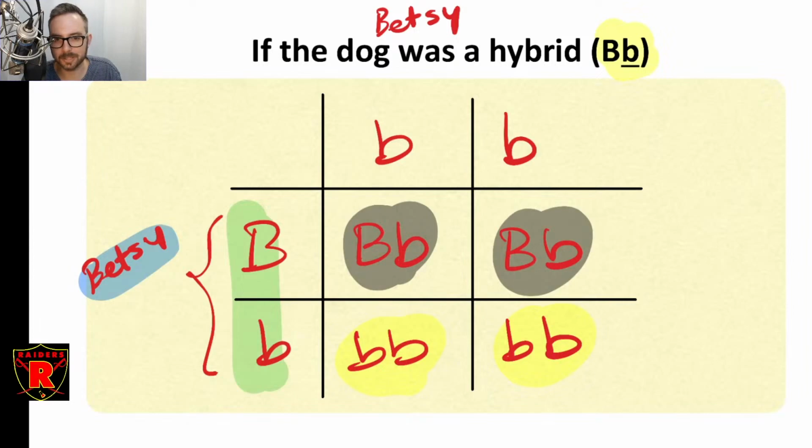So 50% of the time it's black, and 50% of the time it's blonde. So if you get any blonde dogs at all in a litter, in your test cross litter, you don't have a purebred. Okay? And so then you figured out that your original dog that you were testing is in fact not a purebred dog. That's important. And you don't want to use it for breeding.